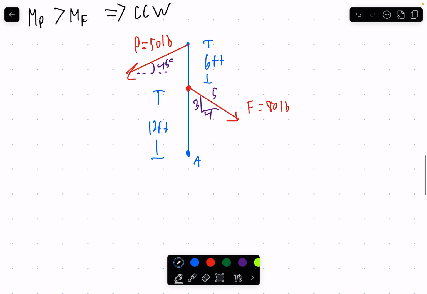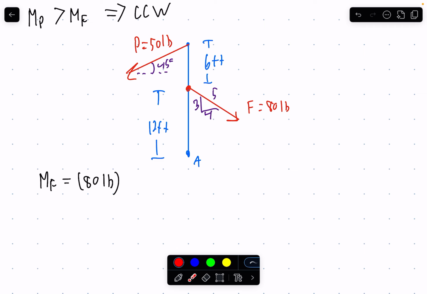Let's first find the moment caused by F. The moment caused by F will be equal to 80 pounds. Only the horizontal component right here will be creating a moment. The vertical component will not be creating a moment because it has no moment arm.